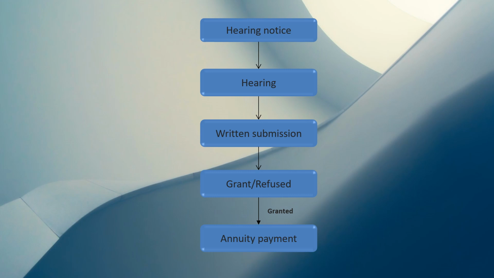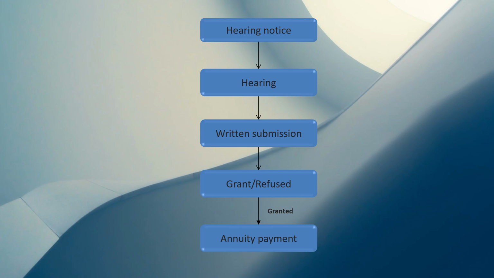Now once the hearing is conducted, there is a process of submitting a written submission. Whatever discussion happened in the hearing has to be submitted within 15 days of the hearing, and it has to be submitted by the applicant. So the applicant will prepare a written submission, or the agent can also prepare the written submission, and they submit it at the Indian Patent Office to the examiner.